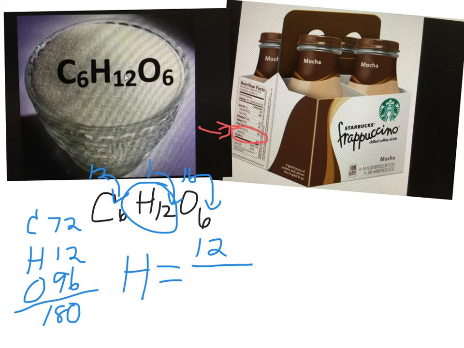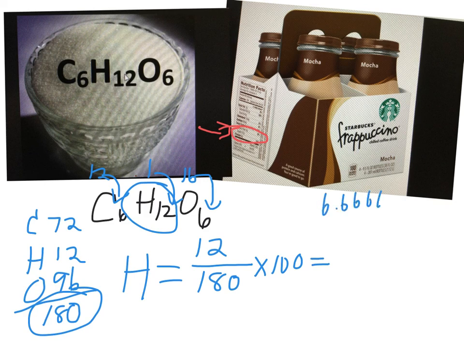So we're going to put the 12 on top because that's the element we're looking for. And the total molar mass, your GFM, is 180, times 100. This will give you 6.6666%. Okay? But we can round it off to 6.7% for hydrogen. This is your percent composition.